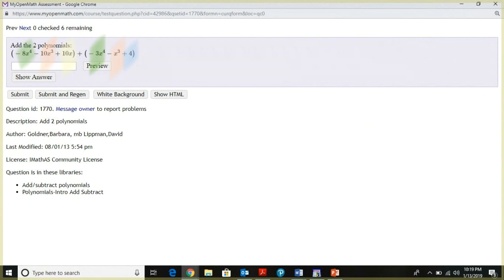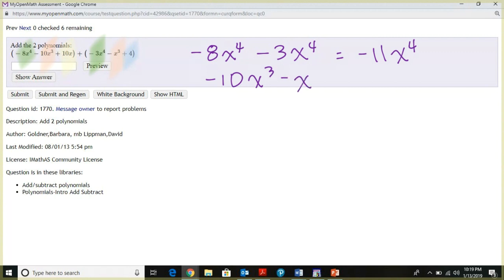We're going to have negative 8x to the 4th. Really, that's a minus 3x to the 4th. So we can group those together, and that will give me a negative 11x to the 4th. All right, and then I'm going to be able to put the negative 10x cubed together with the minus x cubed. Recall, if there's nothing in front, that's like a 1.